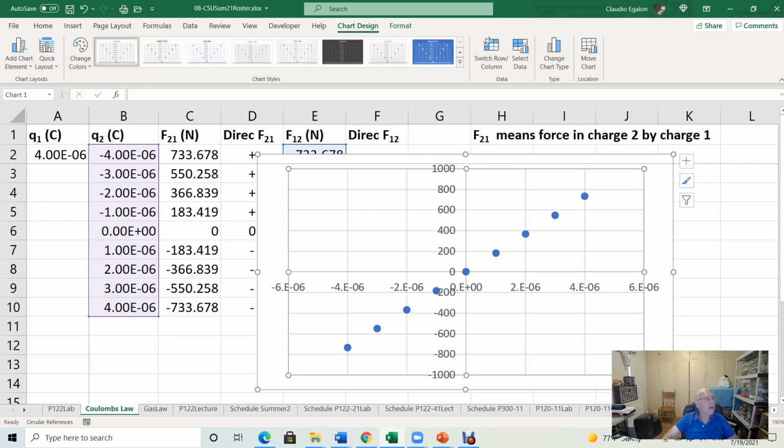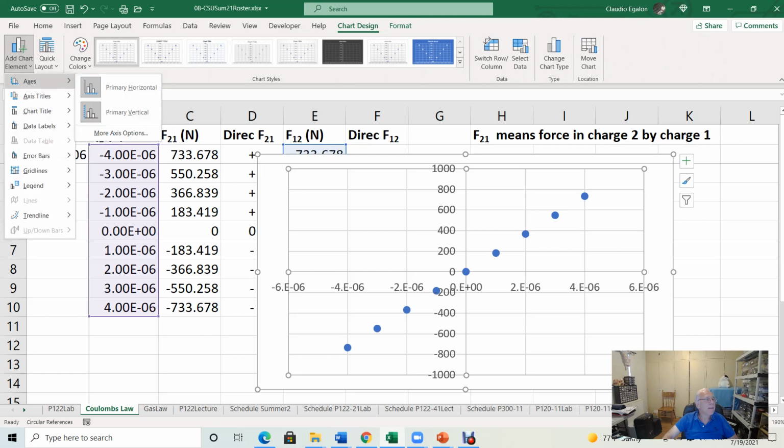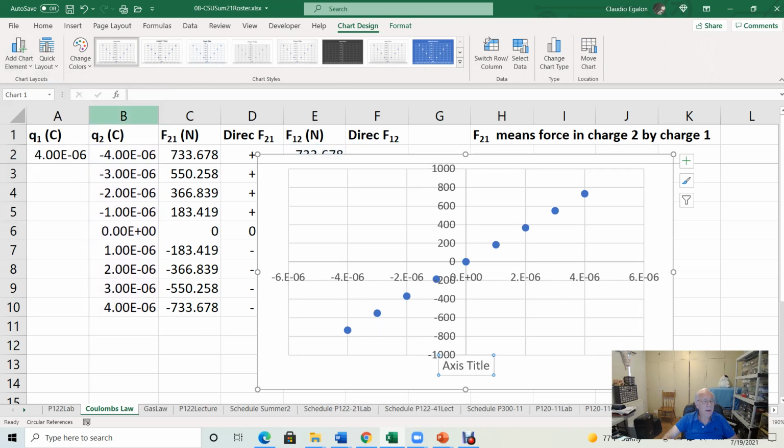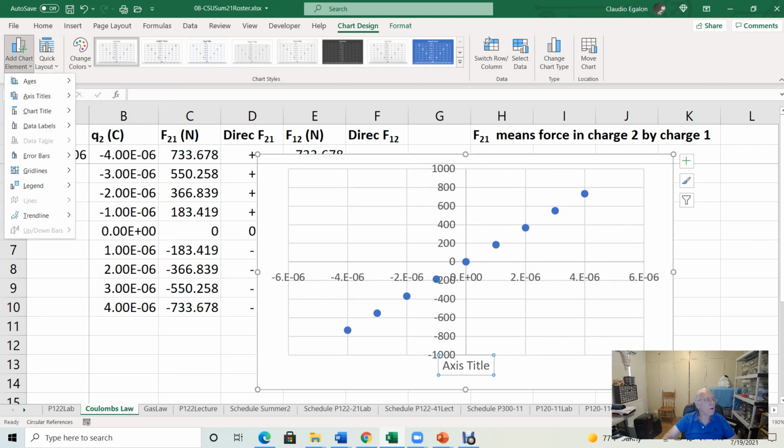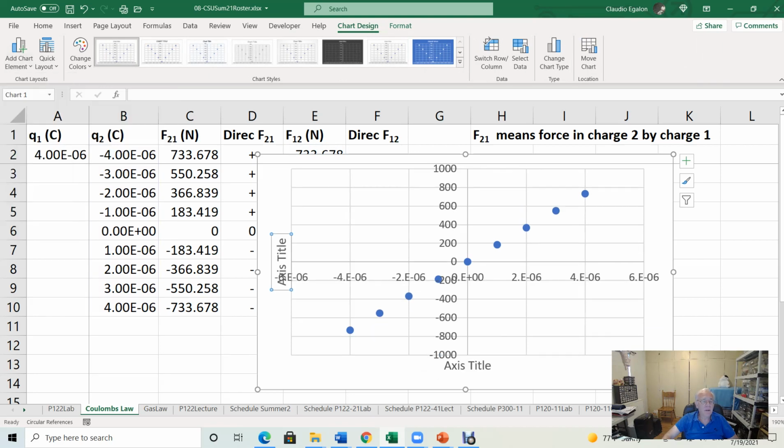Right, chart design, add chart element, axis title, primary horizontal, primary vertical. Here you go. Primary horizontal, put it closer, right here. It's going to be Q2.